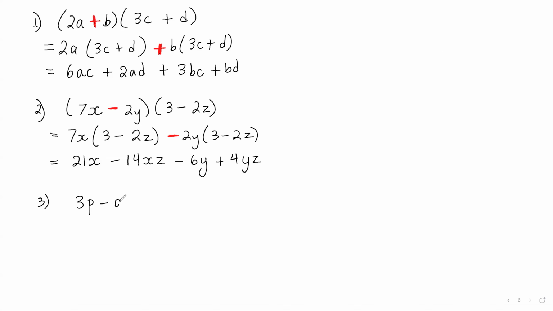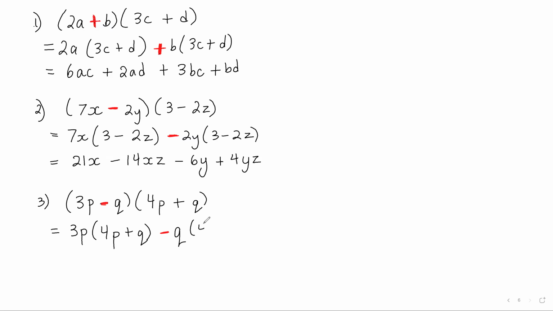Okay. Number 3 was 3p minus q by 4p plus q. See what that is. So this would be 3p times 4p plus q. Then remember, it's minus here. This will be minus q, not plus, minus.